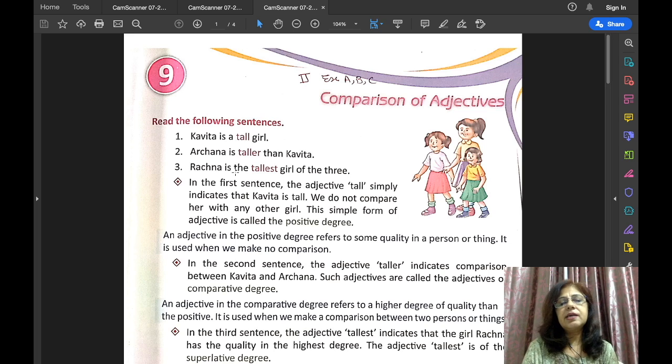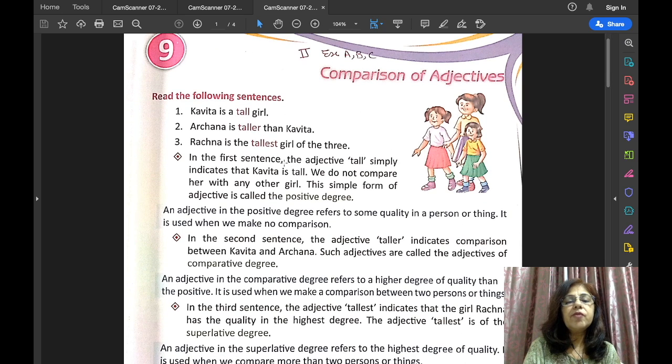In the third sentence, Rachna is the tallest girl of the 3. Here the comparison is between more than two girls. The adjective tallest indicates that the girl Rachna has the quality in the highest degree. So, the adjective tallest is of the superlative degree.